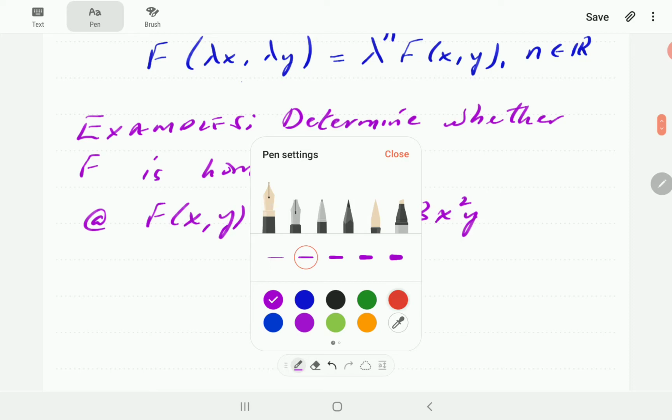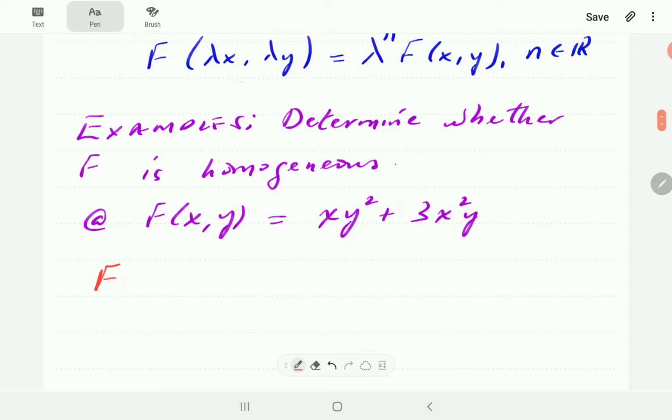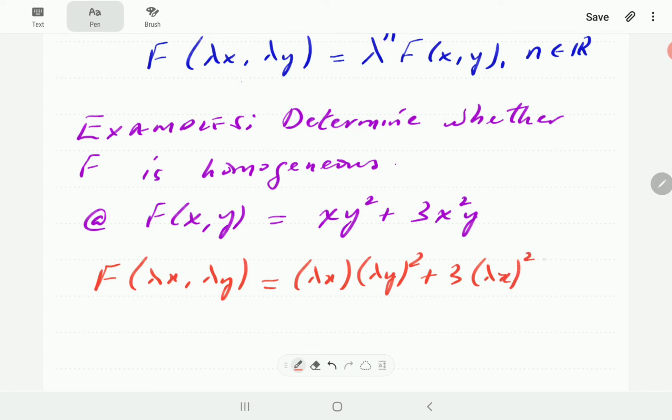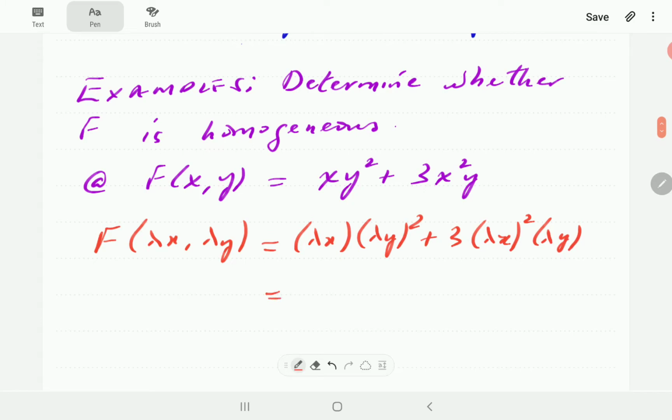So what we're going to do is plug in lambda x, lambda y in the place of x and y. So x is going to be lambda x, this is going to be lambda y all squared, plus 3 times lambda x squared times lambda y. Alright, and then if you remove the brackets, in the first term we're going to have lambda cubed xy squared. Here we're going to have 3 lambda cubed x squared y.